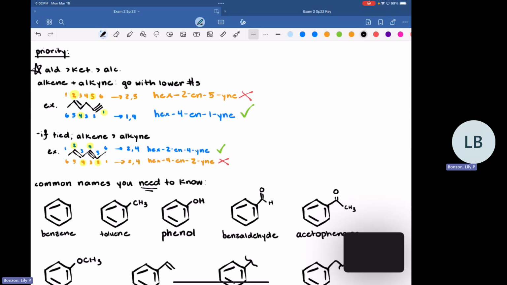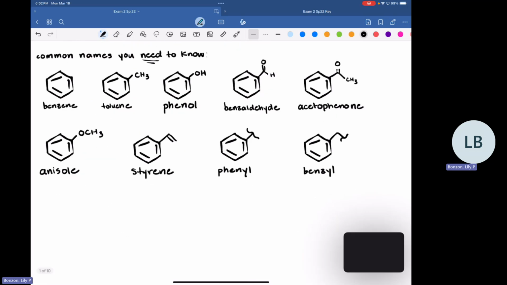So just remember to keep that in mind when you're looking for your parent chains. And then these are some benzene common names that you should definitely know going into the exam. These can show up and become the parent chain, as we'll see in this first question. So it's very helpful to know these to make it a little bit easier on yourself for nomenclature.